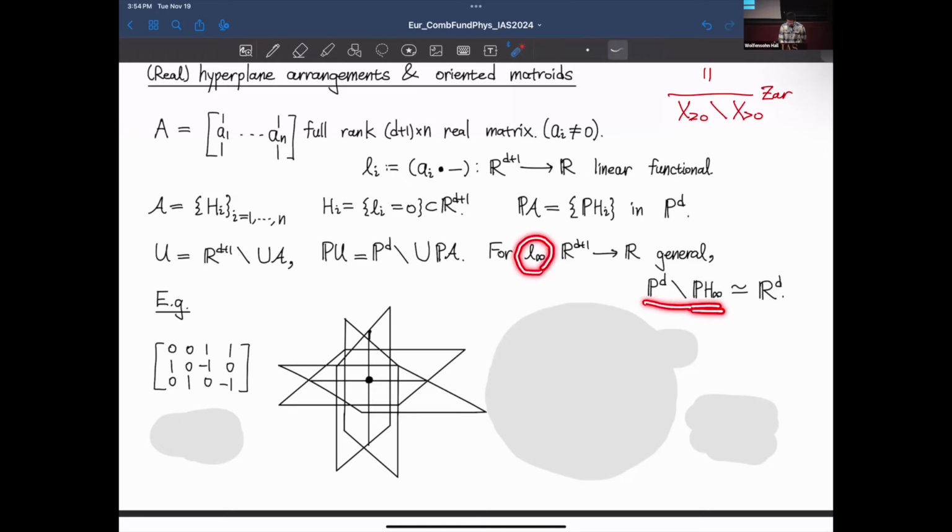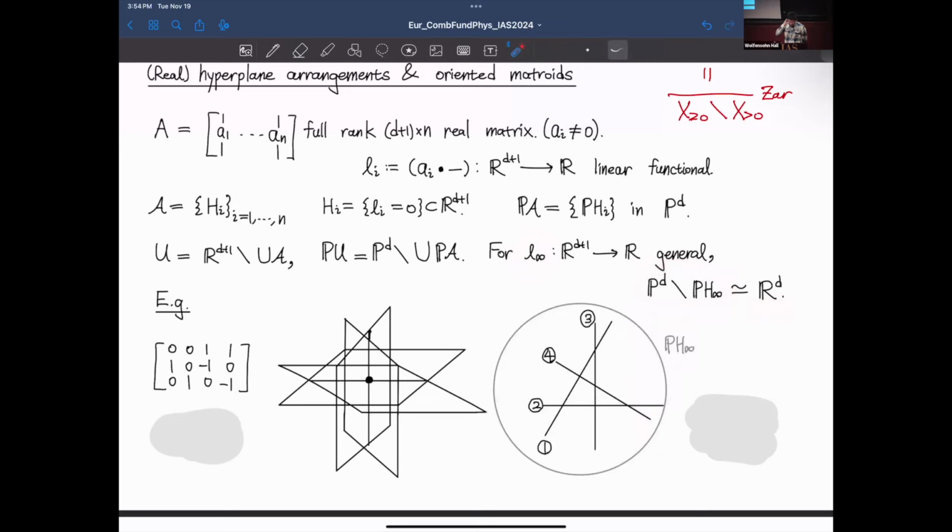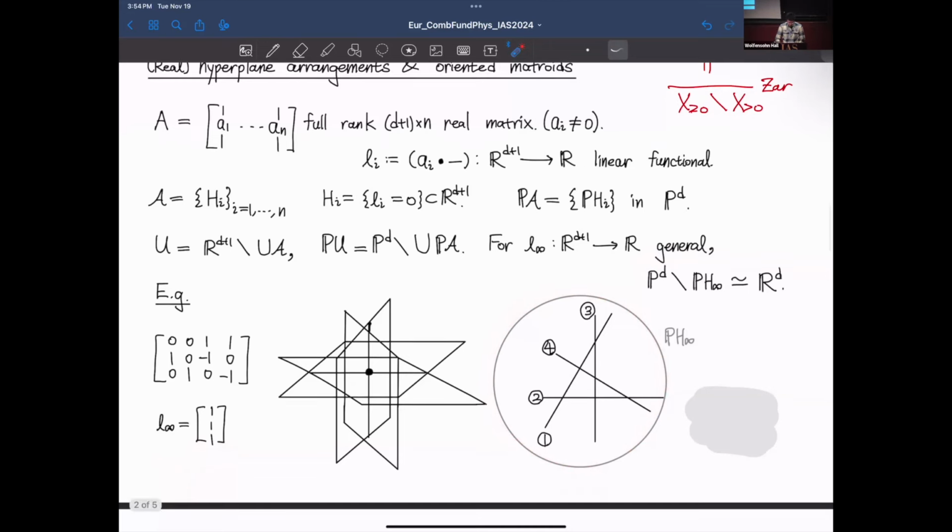So I take one extra linear functional, look at the hyperplane normal to that, or the 0 set of that. And this projective space minus the infinity, that is another copy of the real space. And that reduces the dimension by 1. And in this picture, if I take the infinity to be, say, 1, 1, 1, this is the picture. Okay. Then I can understand.